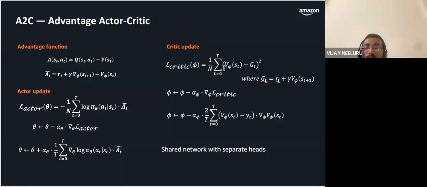The loss function for the critic is typically the mean square error loss. You can see it here. Once we define the loss function, we will define the update rule. Once you combine both, we will get the update rule for the critic. A common implementation pattern for the advantage actor critic involves a neural network architecture where initial layers are shared between actor and critic, followed by separate output heads for each of them.